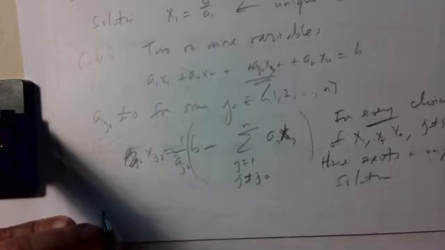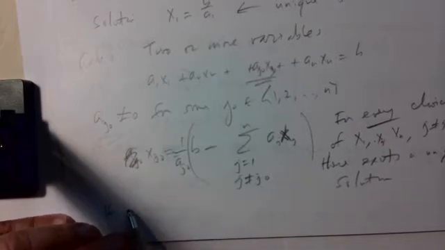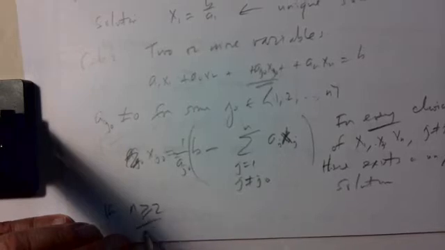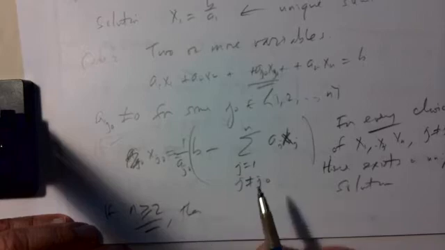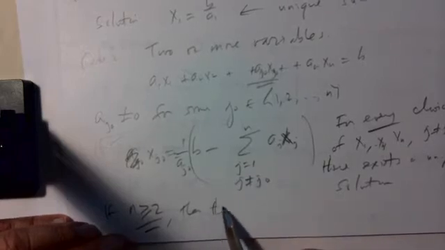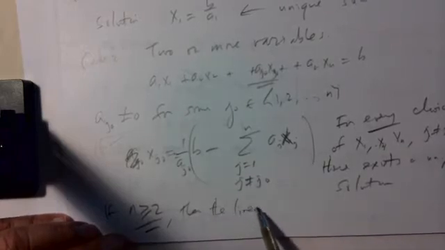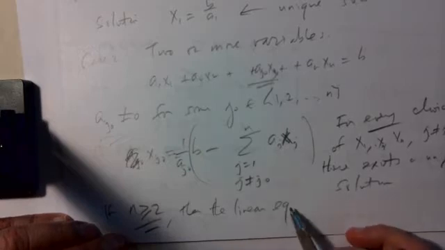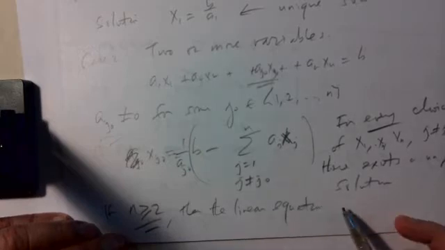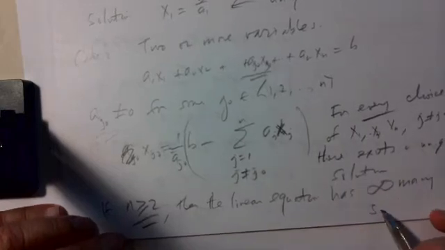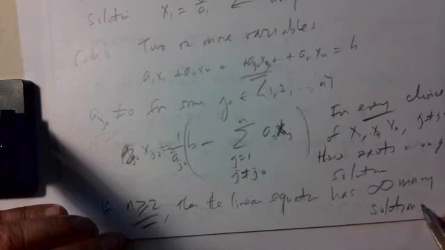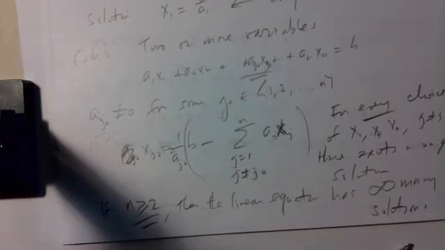Which tells us that if n is greater than or equal to 2, if you have at least two variables, then the linear equation has infinitely many solutions.